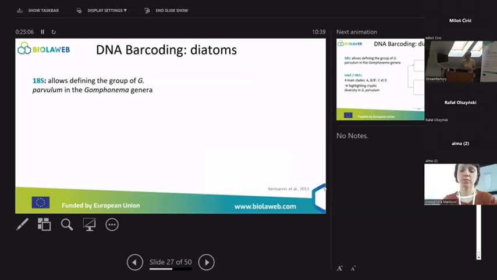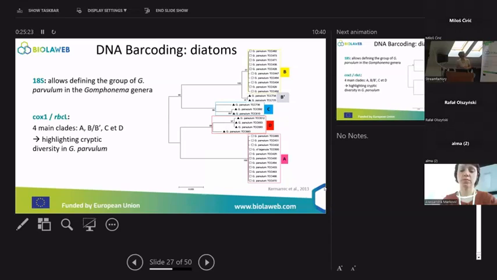What we could see is that the 18S, the nuclear gene, was really great, allowing us to clearly identify Gomphonema parvulum inside the Gomphonema genus. But the other 2, COX-1 and RBCL, were able to define really clear groups inside Gomphonema parvulum.